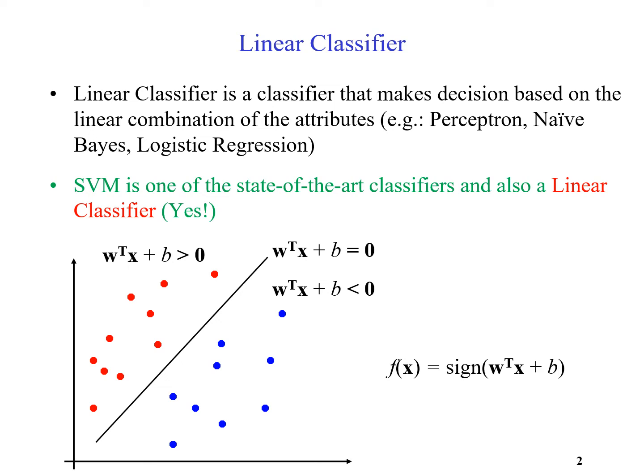Very impressive algorithm. And what is very interesting is that SVM, one of the state-of-the-art algorithms, is a linear classifier. One of the most powerful algorithms is a linear classifier. So this is a very interesting algorithm. We're going to study SVM in this chapter.